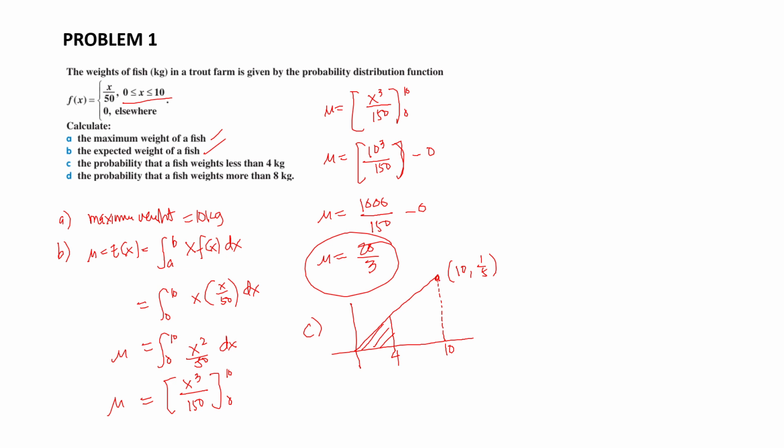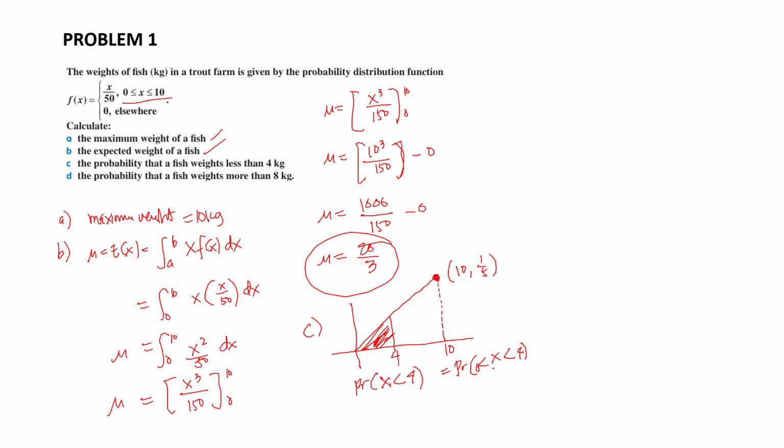Assuming this point here is (10, 1/5), we need to get the probability that a fish weighs less than 4 kilograms. So P(X < 4), or the interval where x is greater than 0 but less than 4.